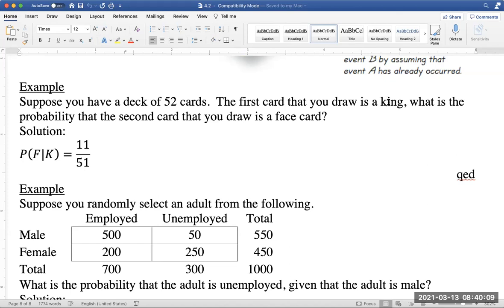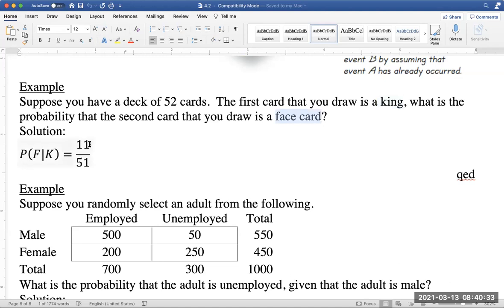So the first card that you draw is a king. So there are only 11 remaining face cards out of the deck of only 51 cards remaining. So what's the probability that the second card that you draw is a face card?